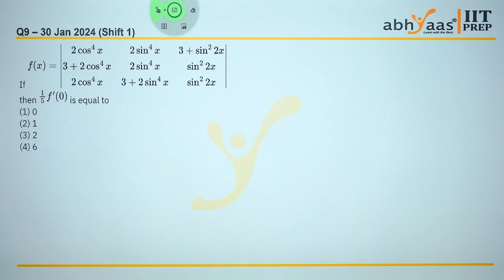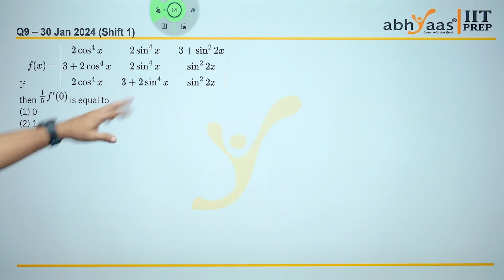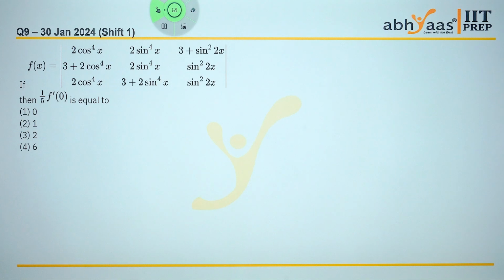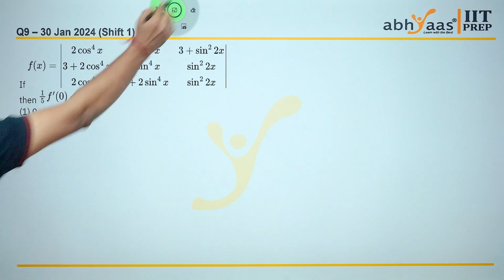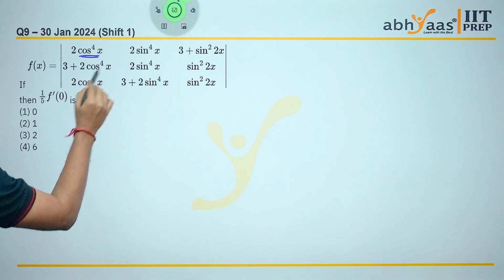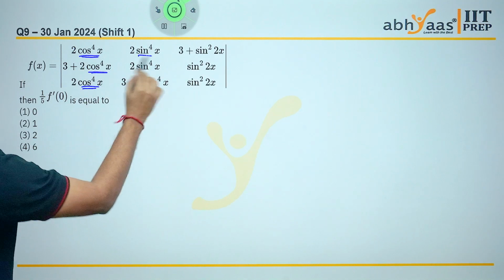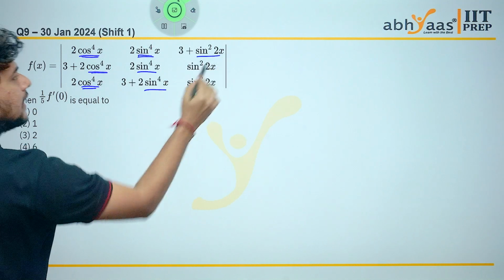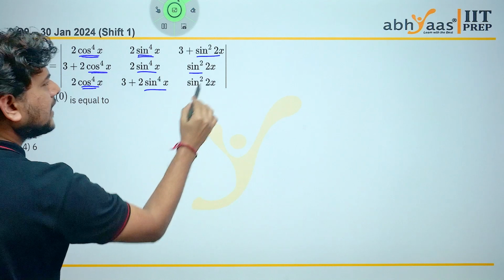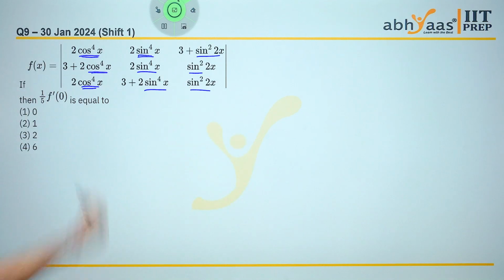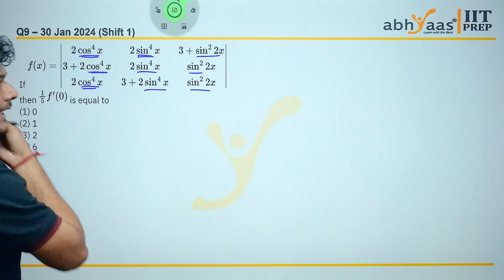So next question: if f of x equals to this, then 1 by 5 f dash of 0 is equal to. If you observe, here we have cos power 4x everywhere, sin power 4x everywhere, and sin square 2x. So if we subtract these values, it will be easy for us.